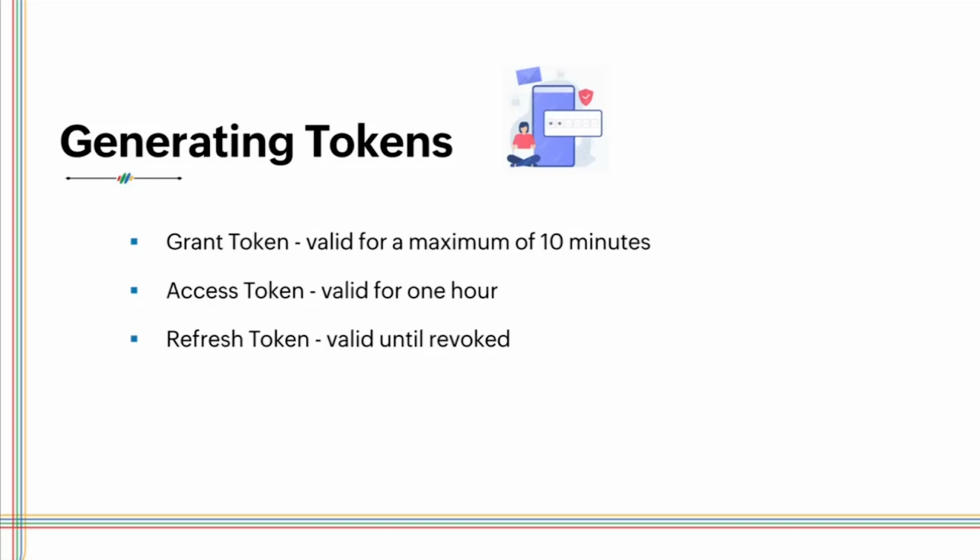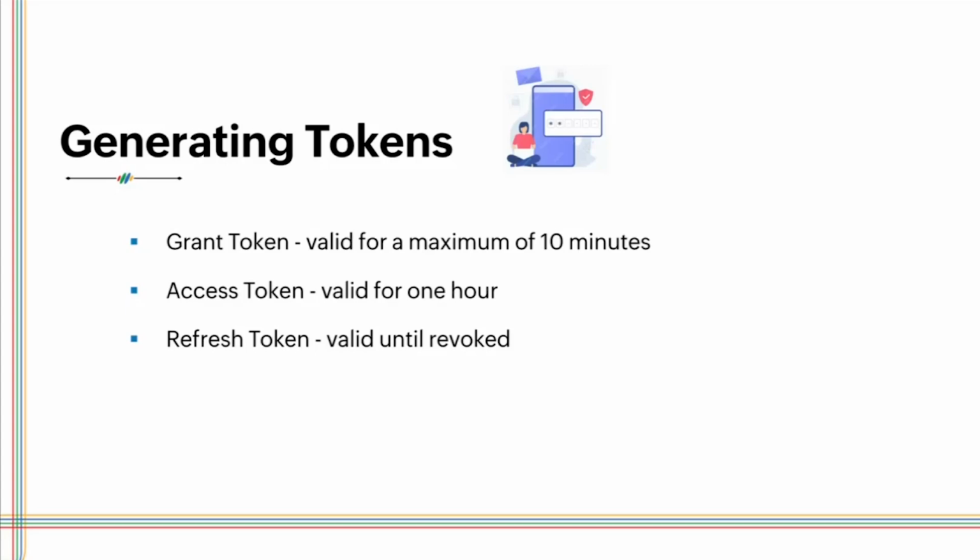Like I said, the application tells that it wants to only read contacts from Google, so it will check for the scope there. Once the scope and everything is verified, Google will give you a grant token, which means you are granted access. The resource owner, which is nothing but the user, has given your application the permission to get Google contacts. So it returns a grant token.